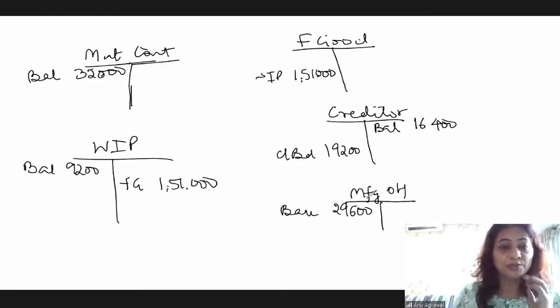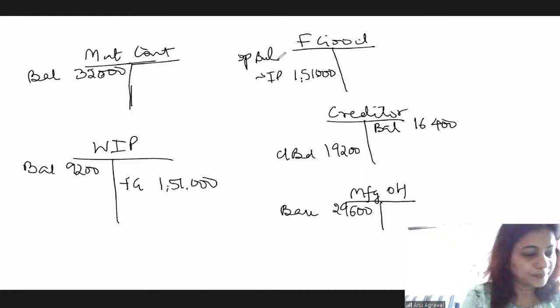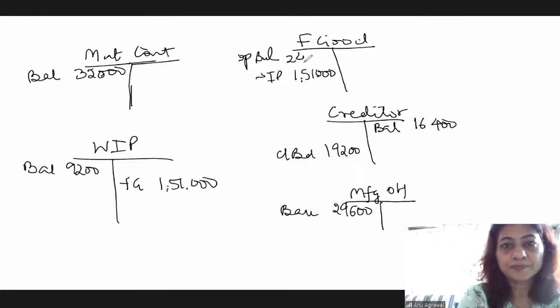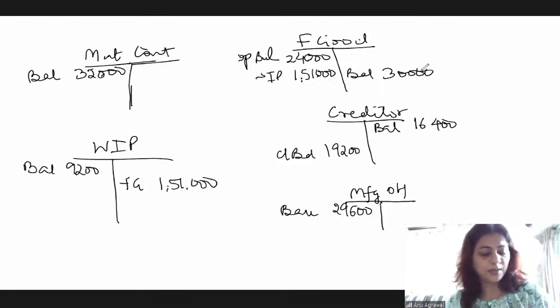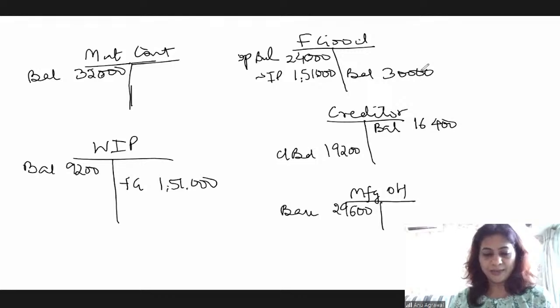So finished goods account, I have an opening balance of 24,000, and a closing balance of 30,000. So this is all the information which is there.